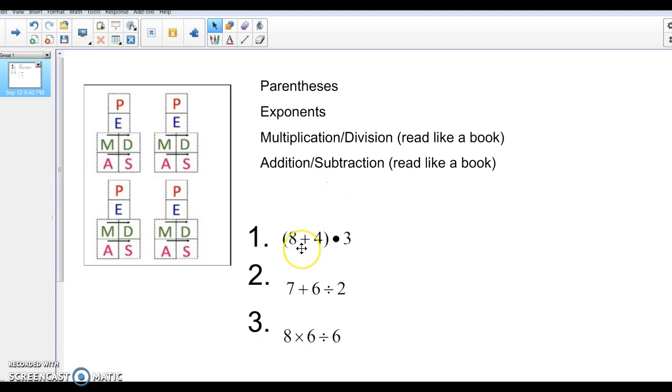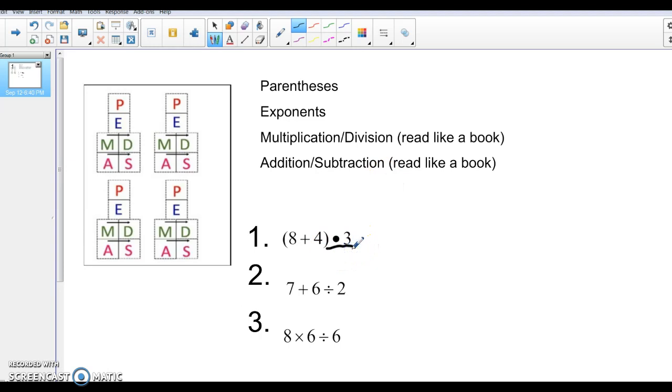So let's start with our first practice problem, which is 8 plus 4, and it's important to note that it's in parentheses, times 3. Now, some of you might say that multiplication is before addition and subtraction. We see our multiplication sign right here.